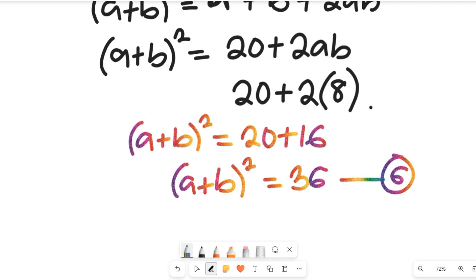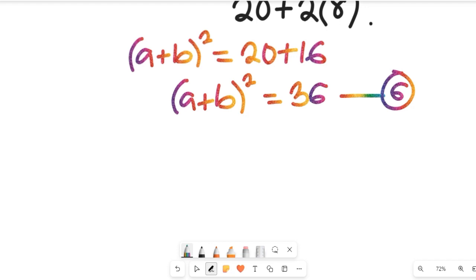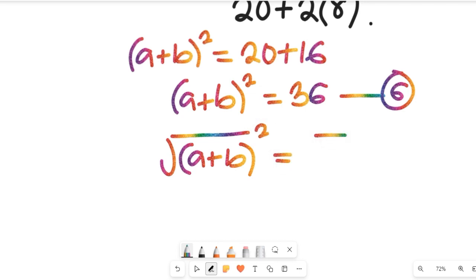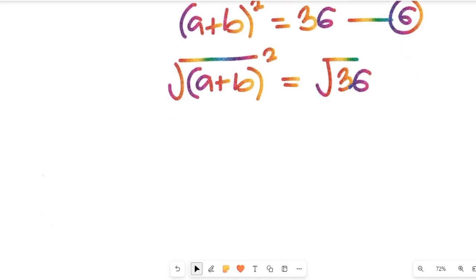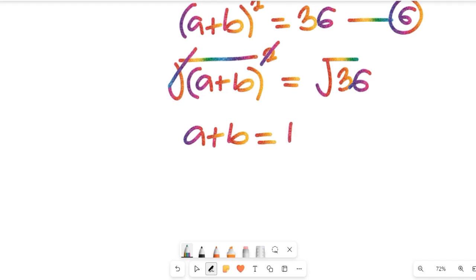So having found out what this equation is, we can simplify equation 6 further. If we take the square root of both sides, the square root of 36, this is going to clear the square, and then we'll have a plus b to be equal to plus or minus 6.